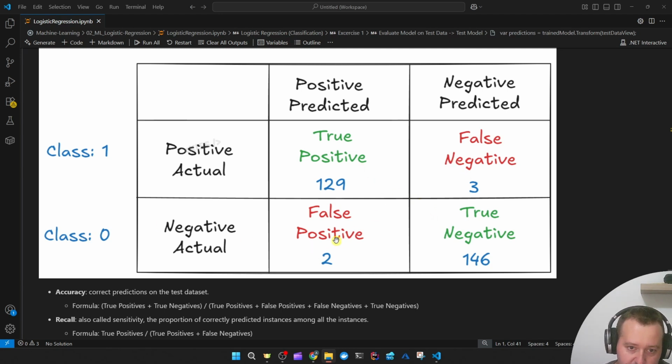So this means 2 times that it predicted this person has a heart disease or is likely to have a heart disease, but actually the person doesn't have one. And then true negative, so it's 146 times that the person doesn't have a heart disease, and it correctly predicted that the person doesn't have a heart disease.